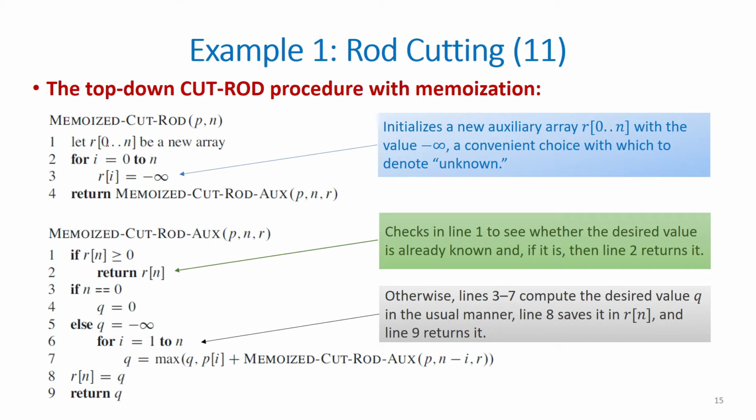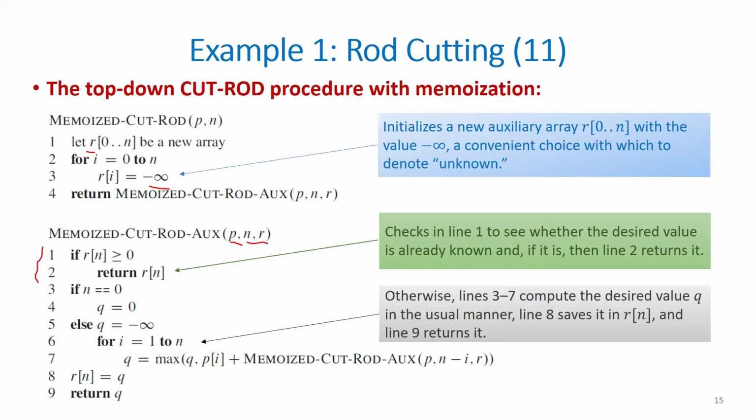Let's look at the memoized top-down approach first, the pseudocode of which is shown here. We define an auxiliary array R to store the values we compute as part of the memoization process. Initially, we set all the elements in R to a low revenue value of -infinity. Then we call the memoized cut rod auxiliary procedure on P, n, and R. We first check to see if we have the optimal solution for n in the memory R or not.